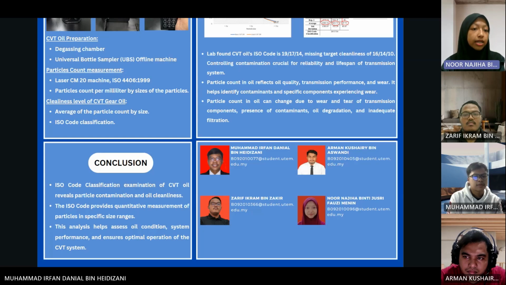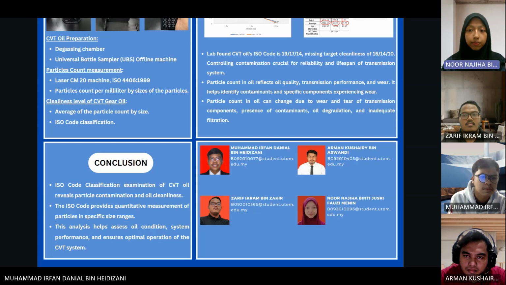The next point: the ISO code provides quantitative measurements of particles in specific size ranges. The International Organization for Standardization, ISO, has devised a cleanliness classification, ISO 4406:99, to evaluate the overall purity of the monitored system.